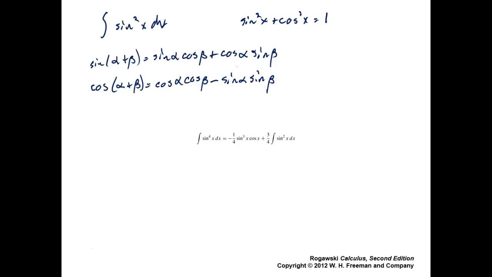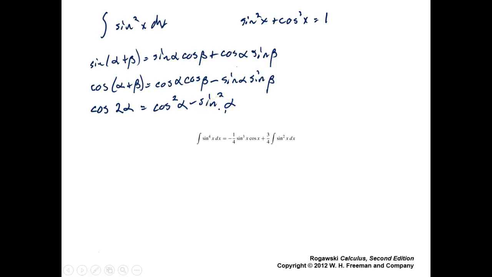Ring a bell? Okay. Now, what if alpha and beta are the same? Then that makes this cosine 2 alpha, or 2 beta, it doesn't matter which one you want. And that would be what? Cosine squared alpha, because alpha and beta are the same, minus sine squared alpha.